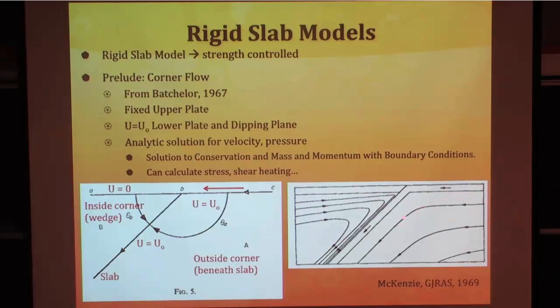So you have a very broad flow with pretty much uniform velocities below the plate. And then you have this very tight corner where the flow comes up into the corner, and you have a sharp gradient in velocity going from the slab to a center part of the corner which is not moving very much because it has to come up and switch directions, okay?